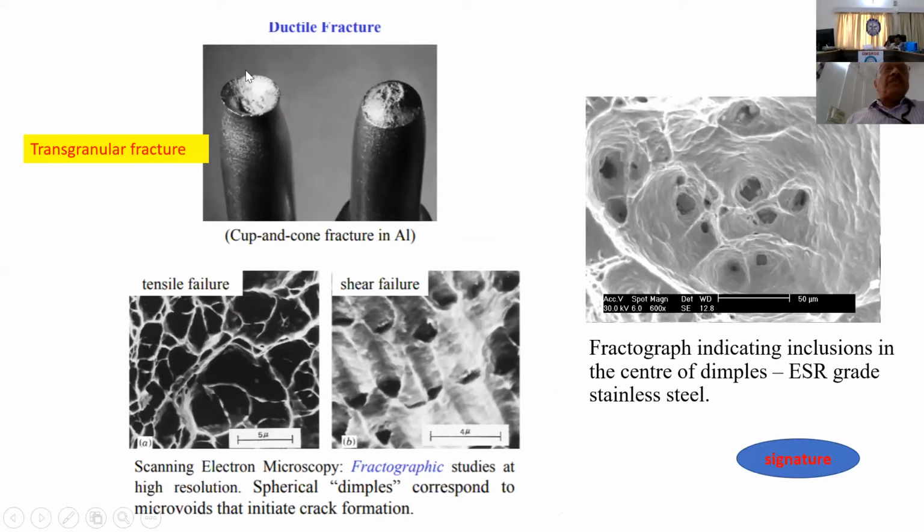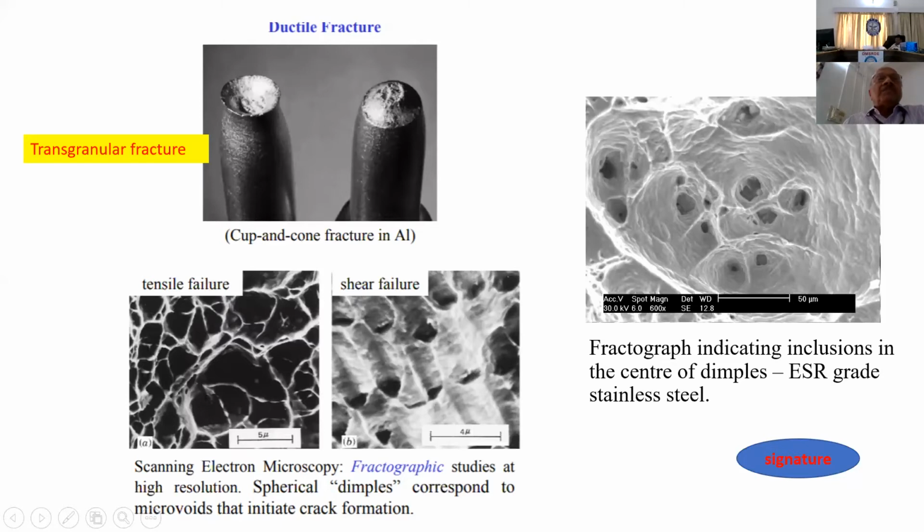Now, if you examine the fracture surface under a scanning electron microscope, then you will find a large number of dimples, and each of these dimples will be associated with a certain number of inclusions. So this is the macroscopic view of a tensile ductile fracture, and this is the microscopic view of a tensile ductile fracture.